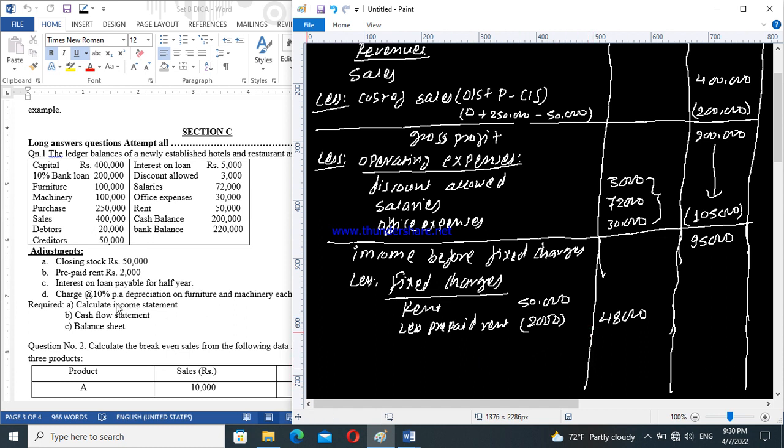And next we have interest on loan, equal to 5,000. Add outstanding interest on bank loan, 10% for a half year.